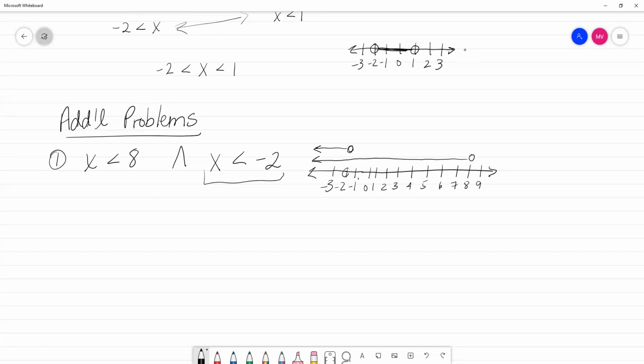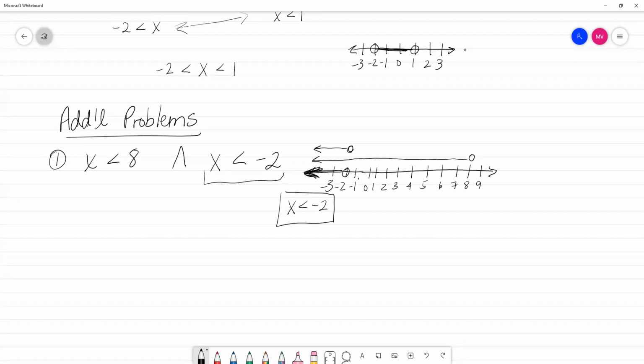So we put an open circle because does it include -2? No. And then where does our arrow go? Okay, and it goes to the left. So there's our graph. And so our solution is X is less than -2.